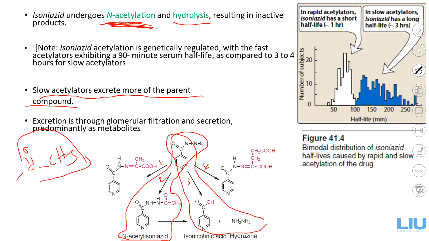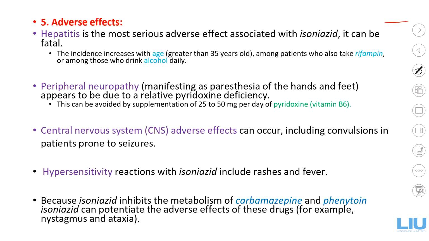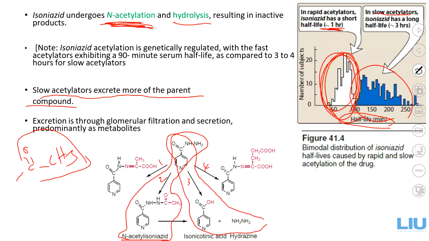And this here shows the half-life, and we have two populations. We have the fast acetylators, with a half-life of about 1 hour, and we have the slow acetylators, with a half-life of about 3 hours.